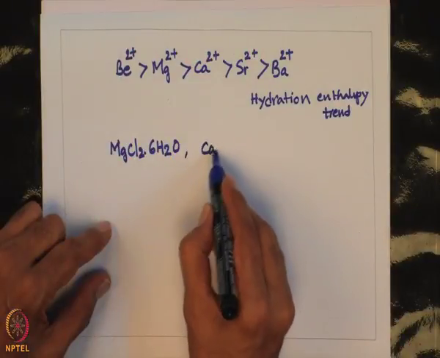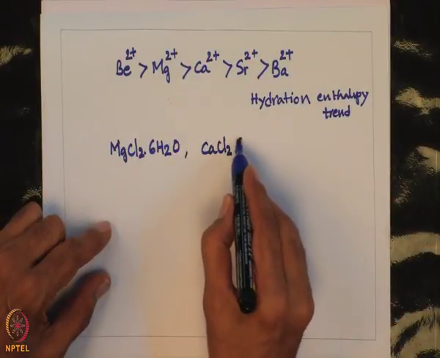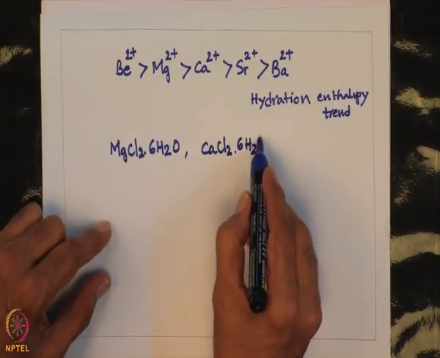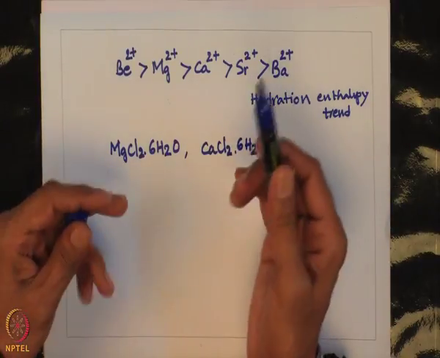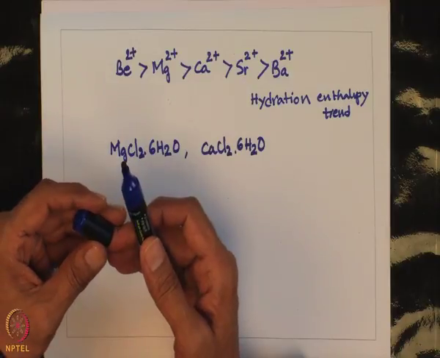Example, magnesium chloride is hexahydrated. If you recall lithium chloride, that is dihydrated, that means it has 2 molecules of solvated water, whereas magnesium chloride has 6 molecules of solvated water, and same thing is true with calcium also. If you compare those with sodium and potassium chlorides, they do not form such hydrates.